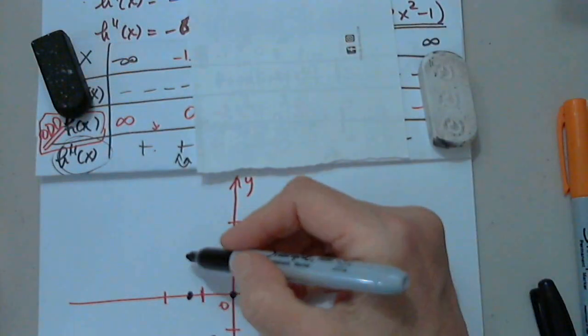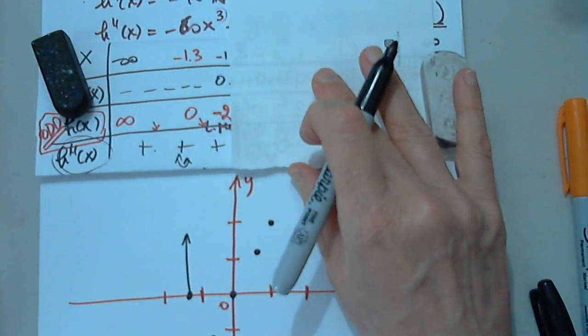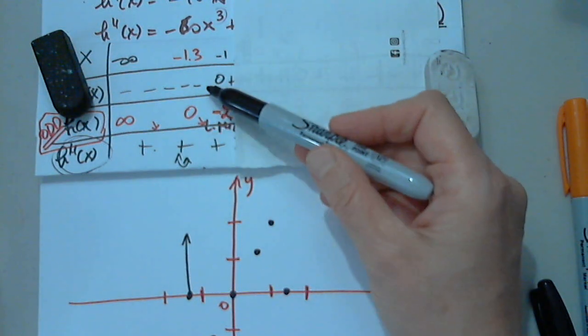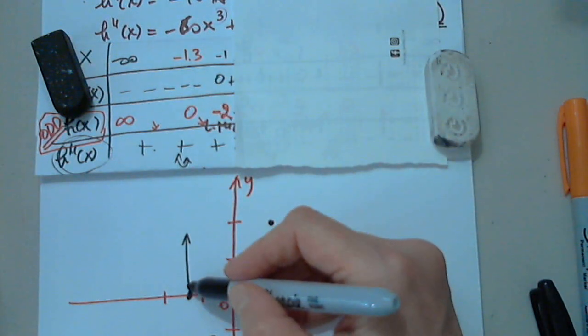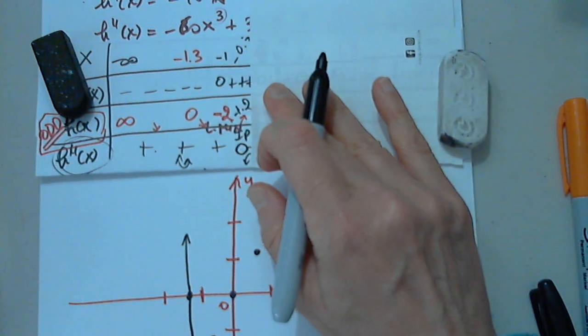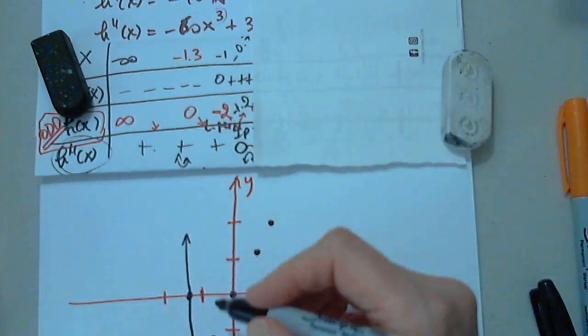Okay, fine. Continue to decrease, still opening up to the local minimum. Okay, fine. Now it increases to the point of inflection. Okay, fine.